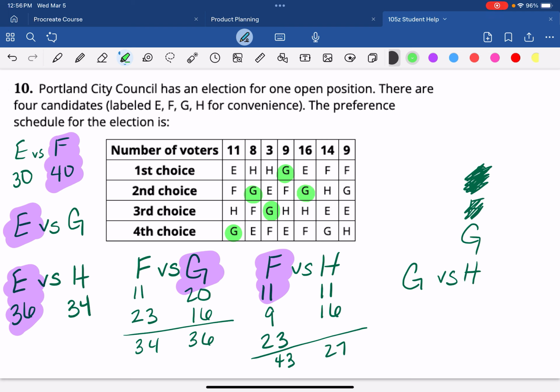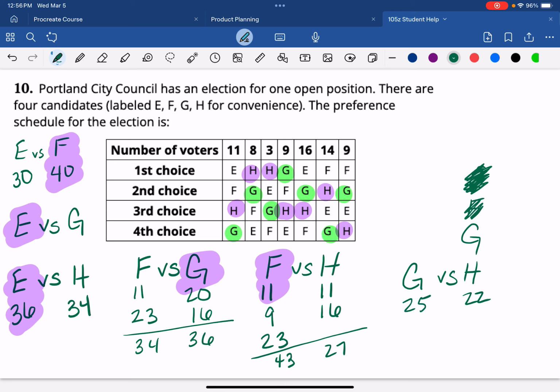Start with G for green, or green for G, and then purple for H. And it looks like for the first 3 columns, H is preferred over G, so that would give us 22. The next 2 columns, we have G preferred over H, which would give us 25.